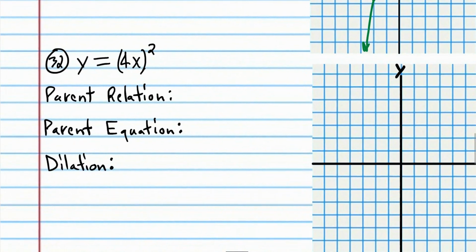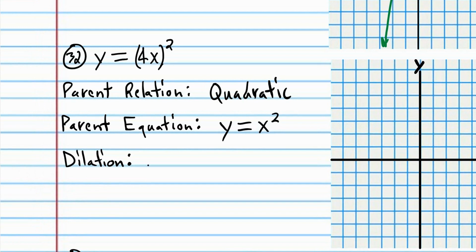Okay, we're back. So this is the quadratic parent relation, and the parent equation is y is equal to x squared. This is a horizontal dilation because we're multiplying x, and it's a compression because it's multiplication. When you multiply x or y, it's always a compression.